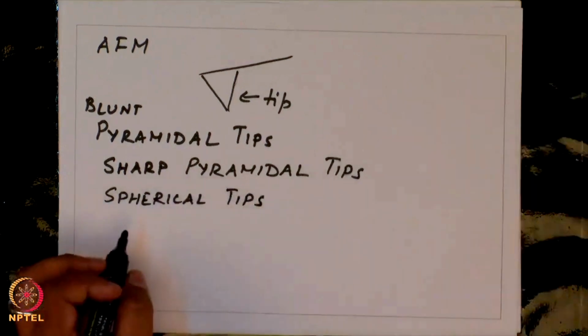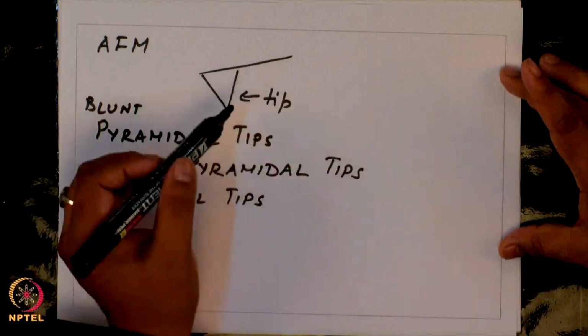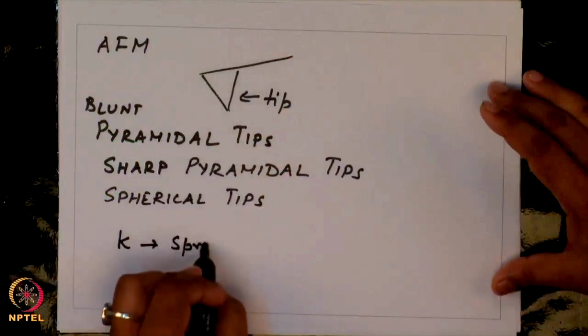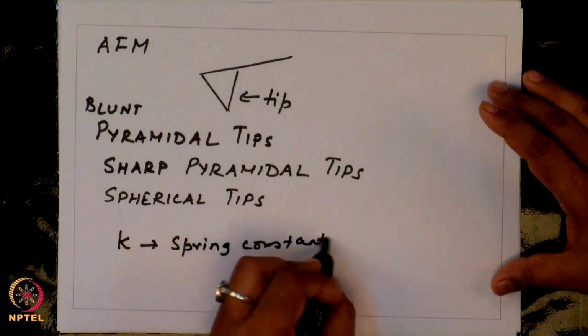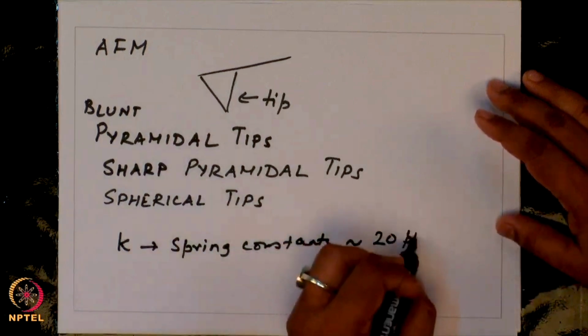Okay. So, the stiffness of these tips is dictated by its dimensions. Okay. So, for protein unfolding studies, you would want to work with tips which have spring constants of the order of 20 piconewton per nanometer.